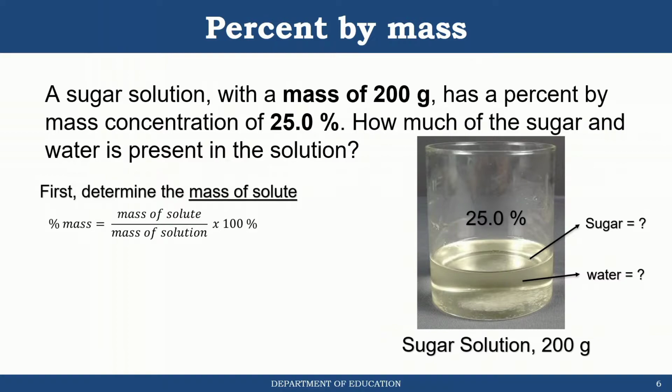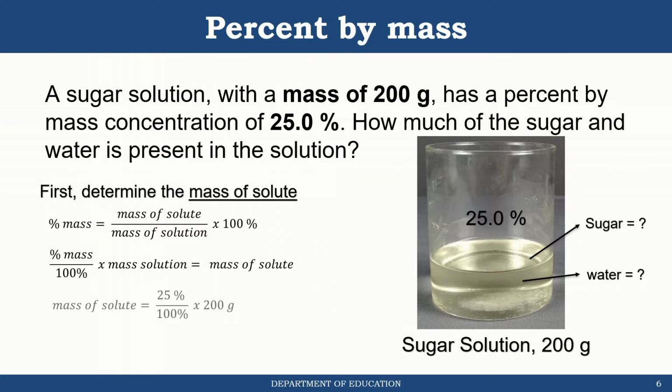So let's do a cross multiplication and we will come up with this formula. Percent by mass divided by 100% multiplied by the mass of solution, then that is the mass of solute. So to calculate, the mass of solute is equal to 25%, which is the percent by mass, divided by 100% multiplied by the mass of solution, which is 200 grams. Therefore, our answer is 50 grams.